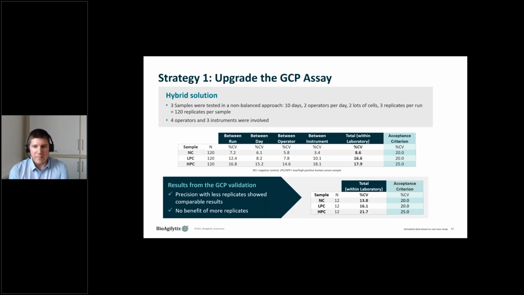Both assays were absolutely meeting acceptance criteria, and there's actually no real benefit of adding more replicates, and this was demonstrating that the GCP assay is probably more than sufficient, especially for the early phases, and when considering that the test will only be used in a single laboratory, there may not be a need to follow the CLSI guidance also on the percent CV expectations of 15%, as this assay is totally fine regarding its performance. Next slide, please.